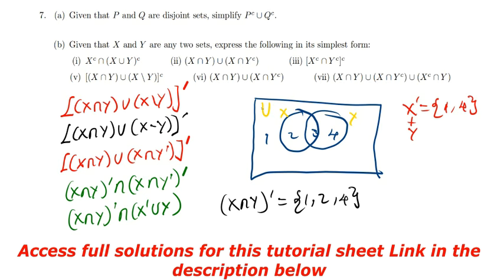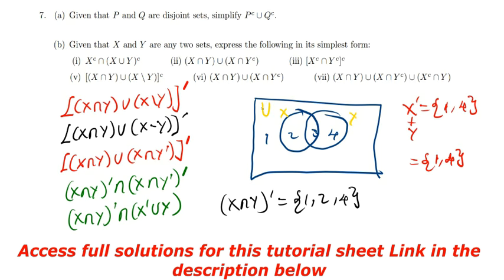When we add y there, it will just be 1 comma 4. So 1 comma 4 is the result for x complement union y.